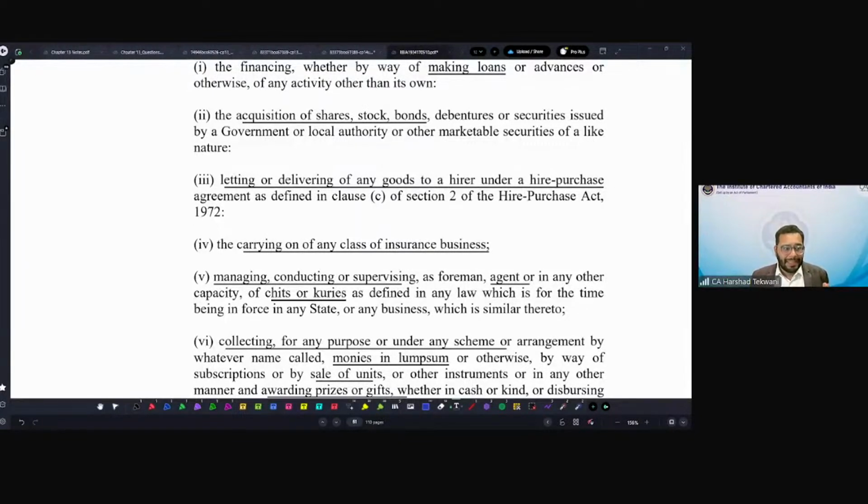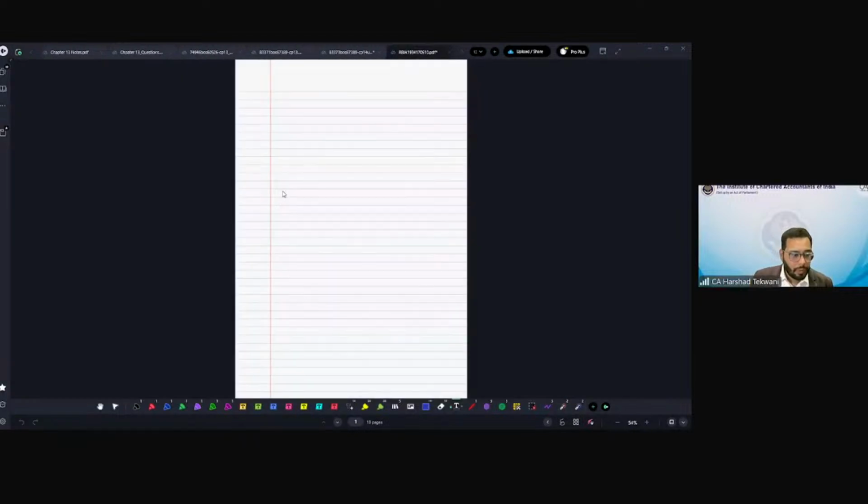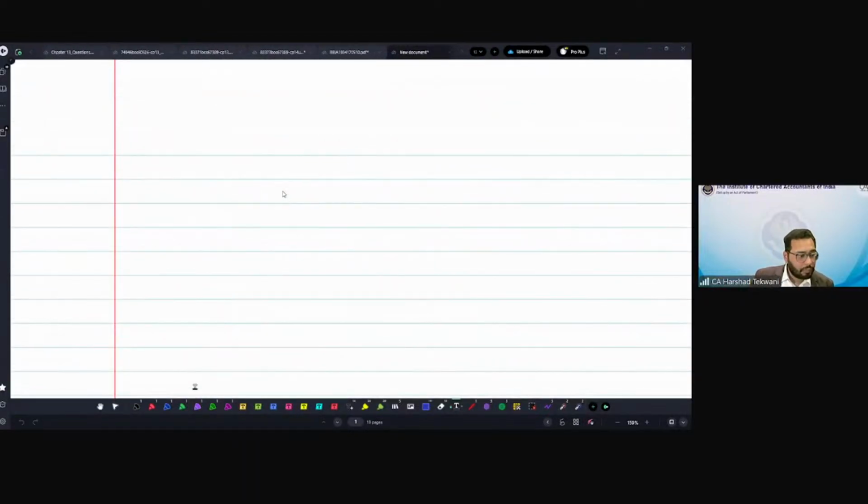Now, these are the two definitions given under the RBI Act. If I summarize these definitions, what we come to a conclusion is that NBFC is defined under section 45IA, which then refers to two businesses.